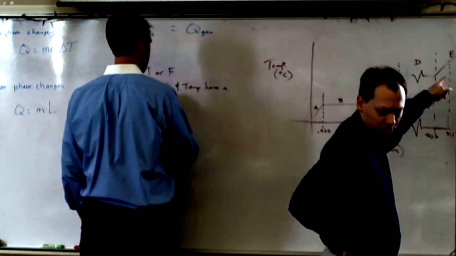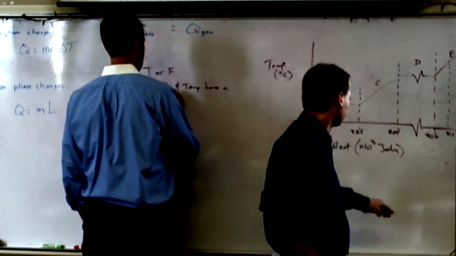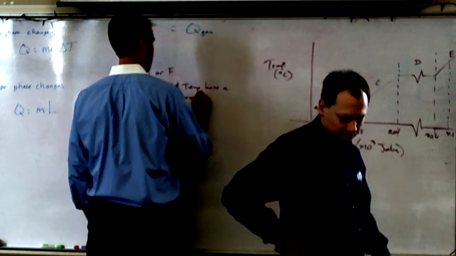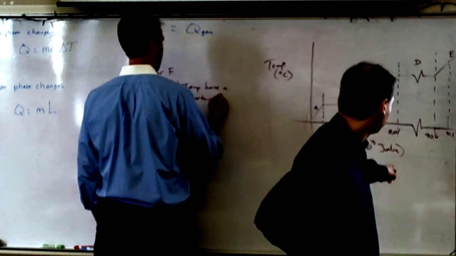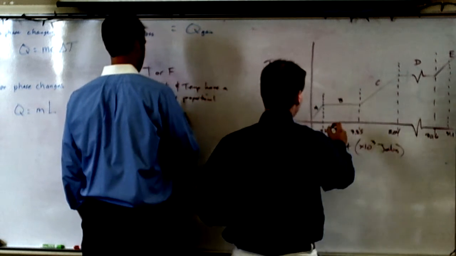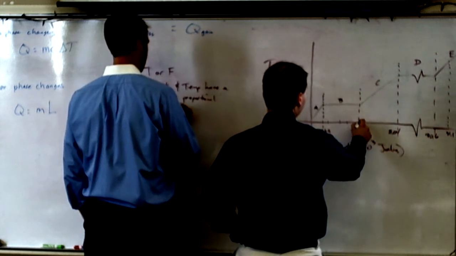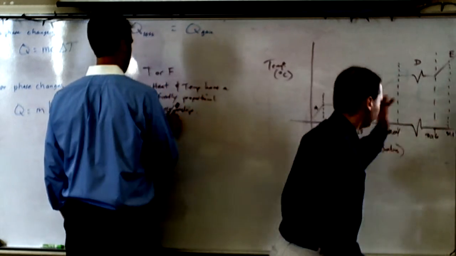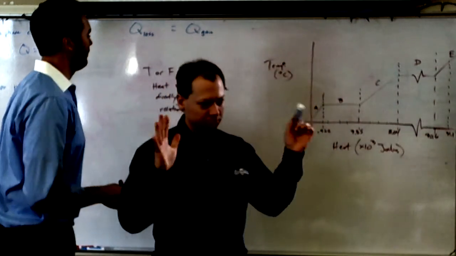It's supposed to be a straight line. Really, water is a liquid for a long time. It goes from 8 to 30, but we don't have room on this scale, where here's basically 1, 2, 3, 4, 5, 6, 7, 8. We don't have room, so we're just slicing it off.